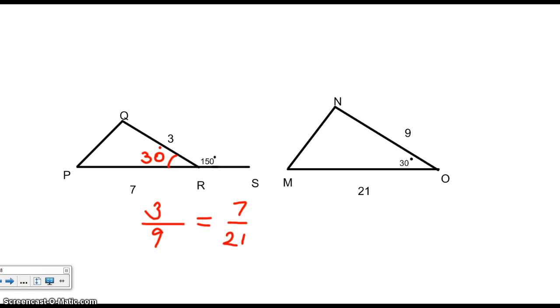You go ahead and see if you get the same ratio value for both of those. Now that you've tested those, you saw that they both became 0.33 repeating, and they had the same proportional relationship with a shared angle. Therefore, these two triangles are similar.